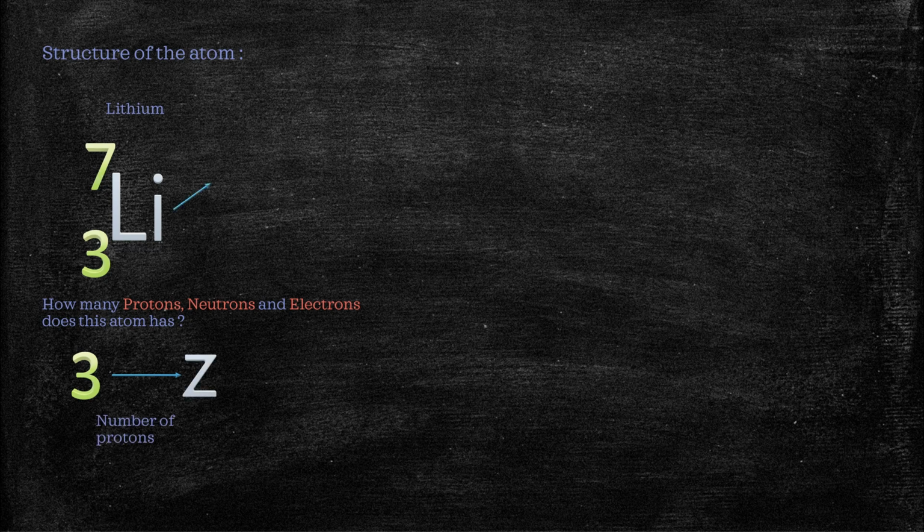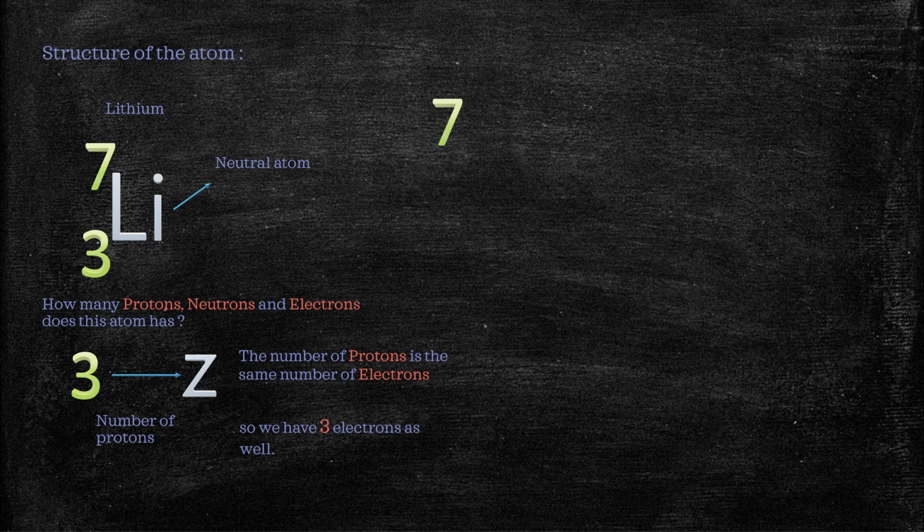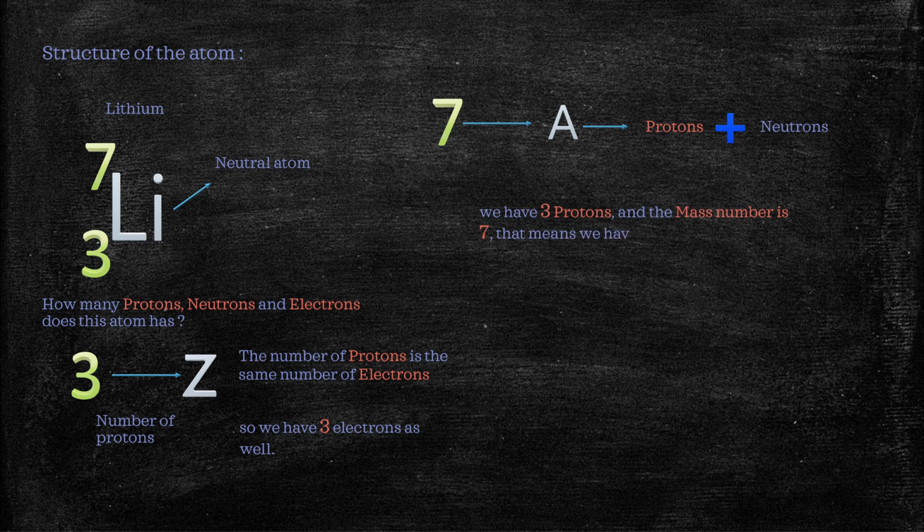Now, since this is a neutral atom, the number of protons is the same as the number of electrons, so we have 3 electrons as well. Finally, the number 7 represents the mass number, which is the number of protons plus the number of neutrons. Well, we have 3 protons and the mass number is 7. With simple math, this means we have 4 neutrons.